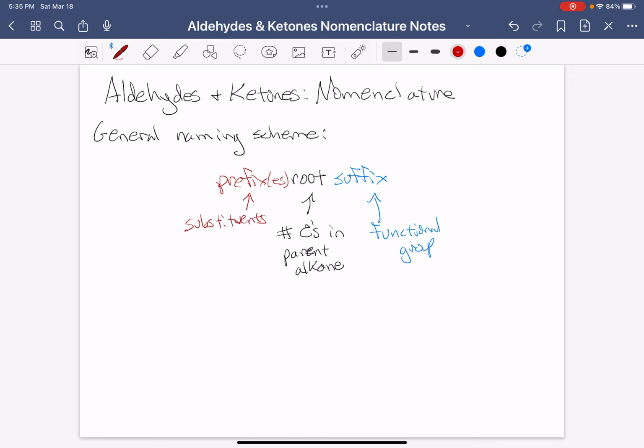And we had numbers, which indicate the positions of the substituents. So taking all of this into consideration, an aldehyde is going to have the suffix -al.